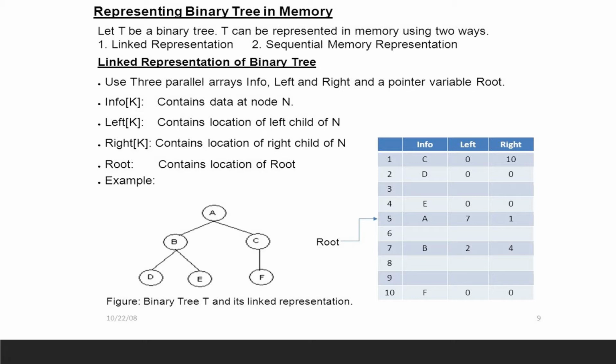So we are moving to 1, and there we are finding that C is the right child of the A. Yes, A holds B as left child and C as right child. So we are presenting the address of that particular node in that right and left array format. Okay, so this is how we are representing the tree data and its left node, right node details in linked list.